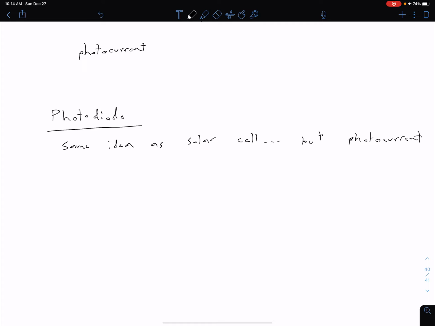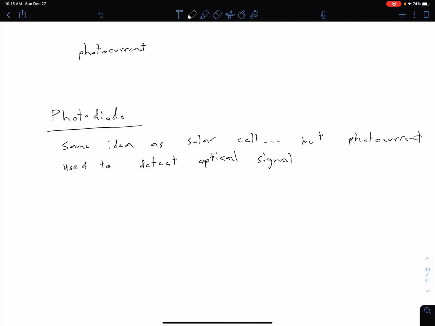So we can say that this is like converting an optical signal to an electrical signal.